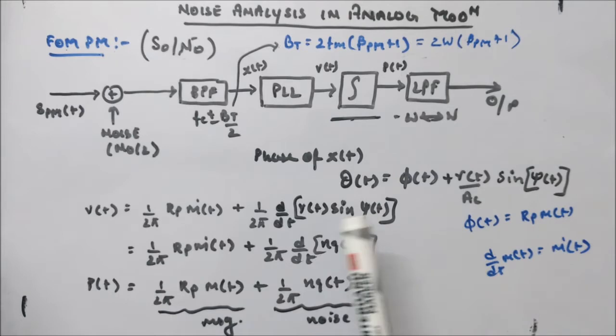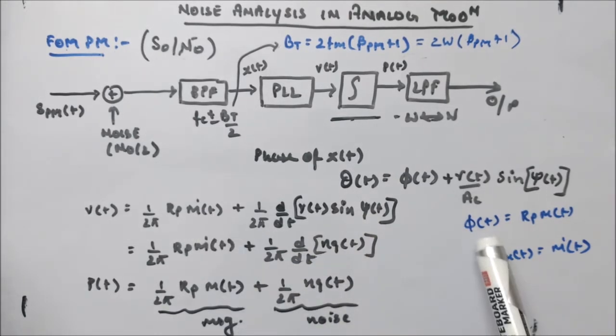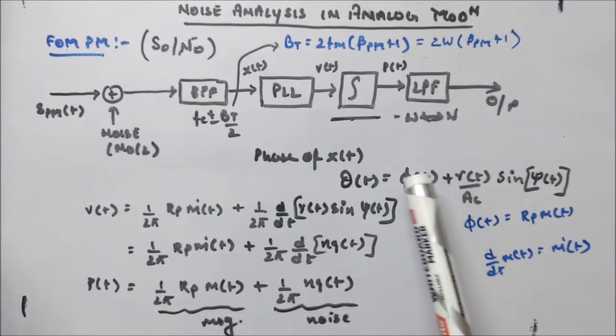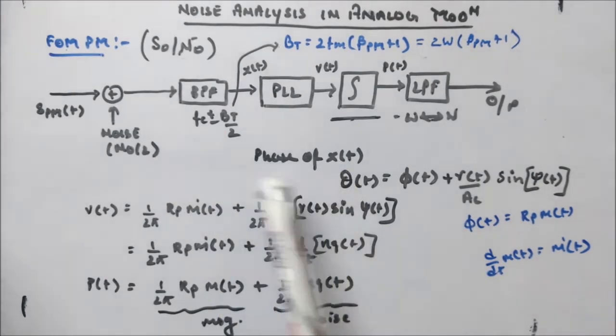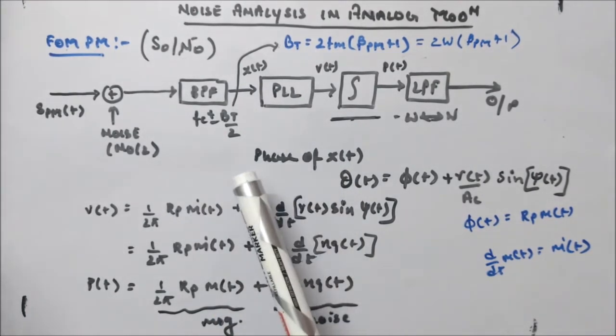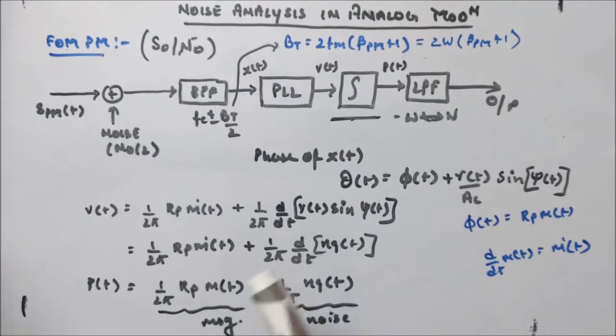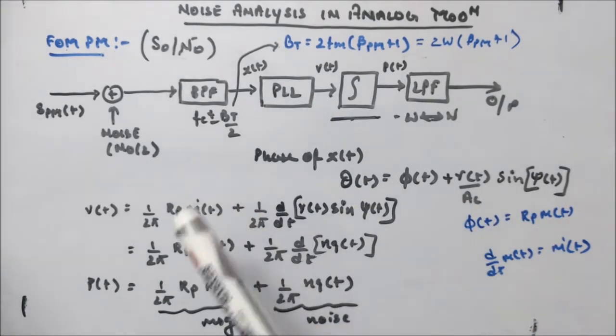This is the same as before. The only difference is the value of phi(t), and everything will be calculated based on phi(t). The phasor diagram will also be the same. This part we have seen in the FM case also.